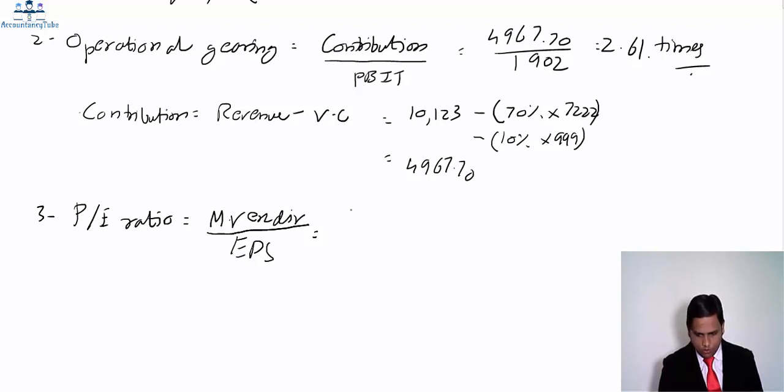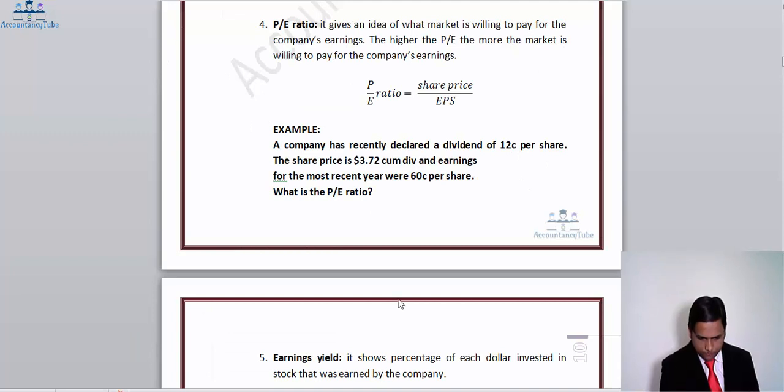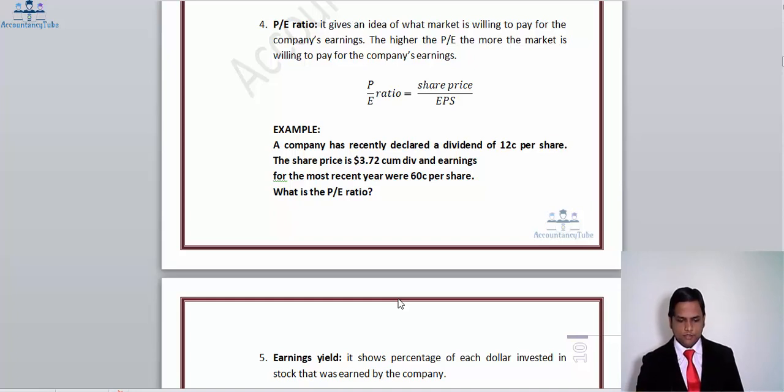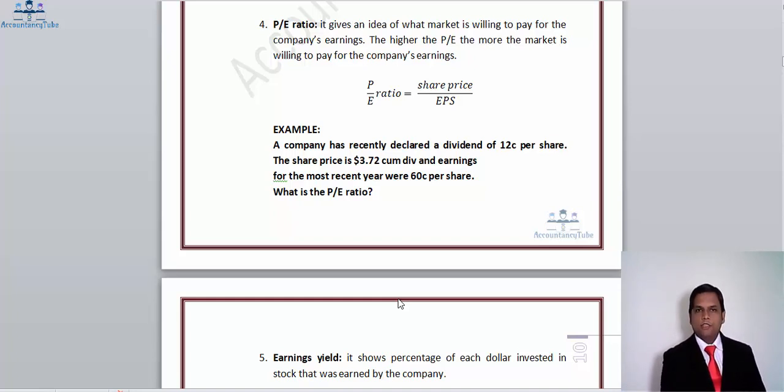Now the market value is 3.60. Let's confirm that. Yeah, it was 3.72. We have deducted 12 cents from it, that is 0.12, which gives us 3.60, and we are also provided with 60 cents earnings per share.